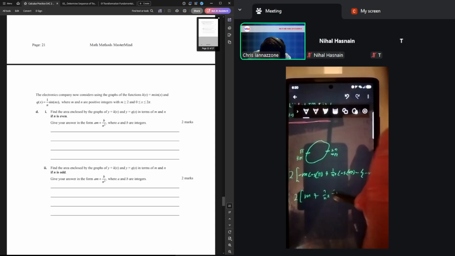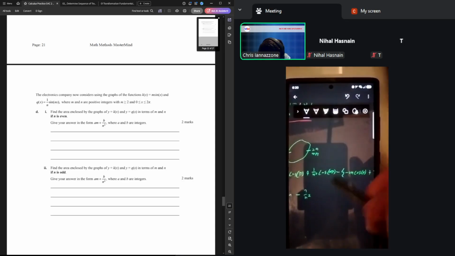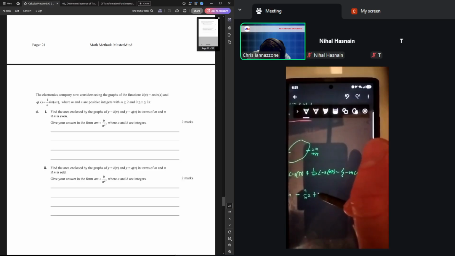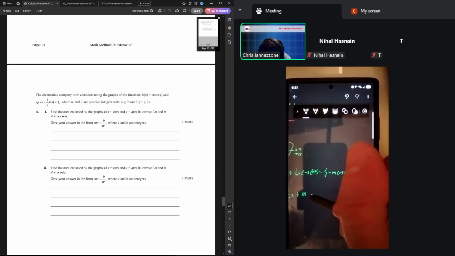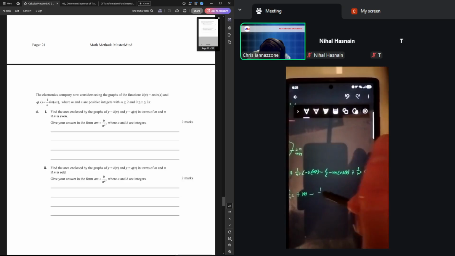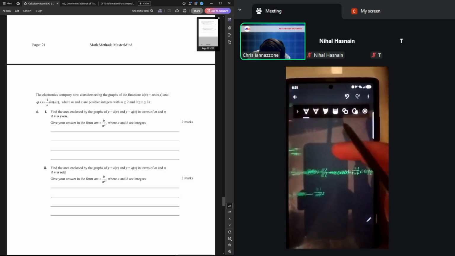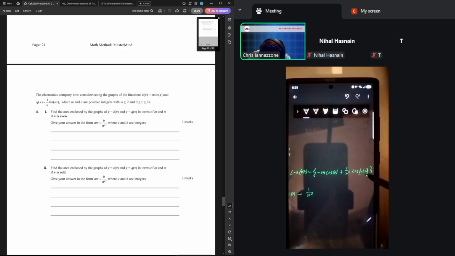Then from there we're going to distribute our brackets properly this time. It's going to be plus m, because cos 0 is positive 1. This is now going to be minus, because that does come through. cos n 0, so if it's n times 0, n is irrelevant, it's still just cos 0.